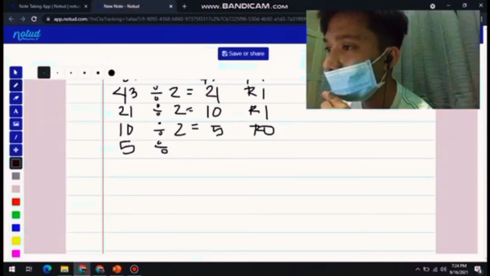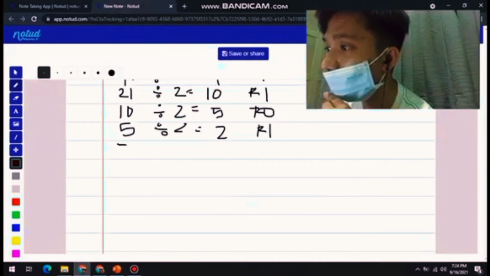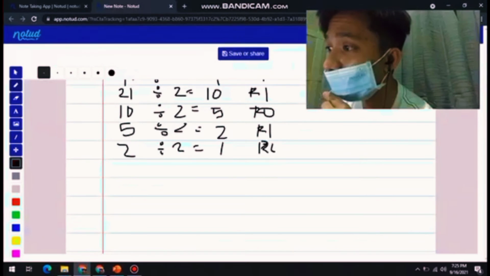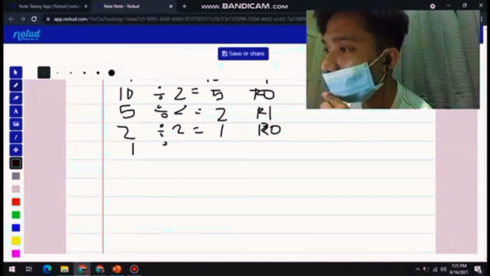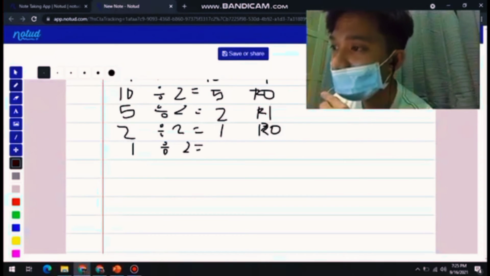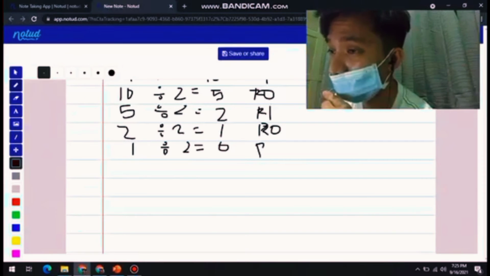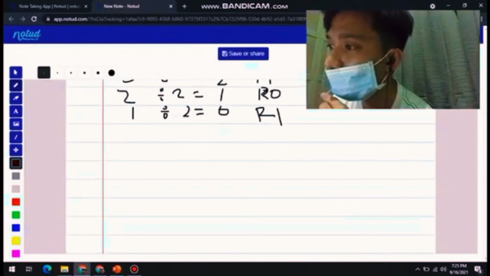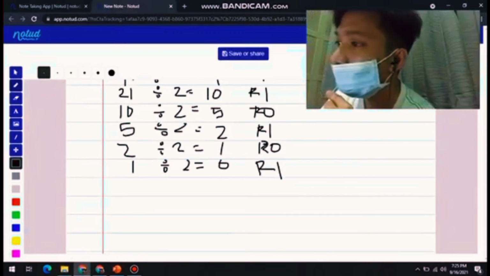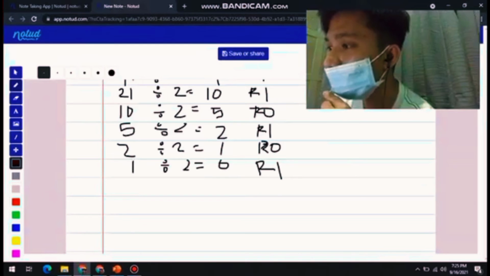And 5 divided by 2 is equal to 2 with a remainder of 1. And 2 divided by 2 is equal to 1, a quotient of 1 with no remainder. And lastly, 1 divided by 2 is equal to 0.5 with a remainder of 1.